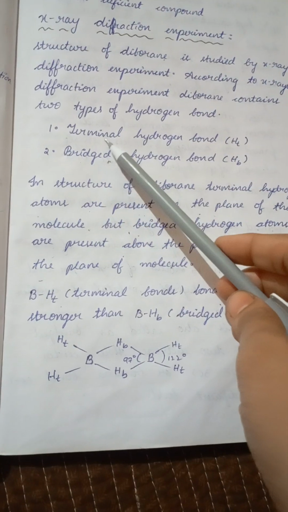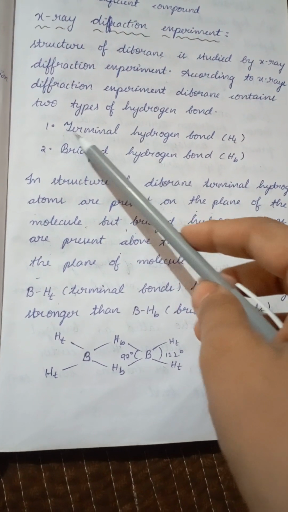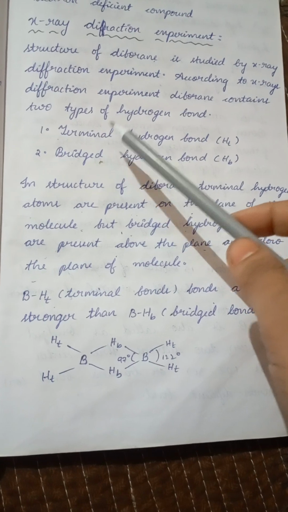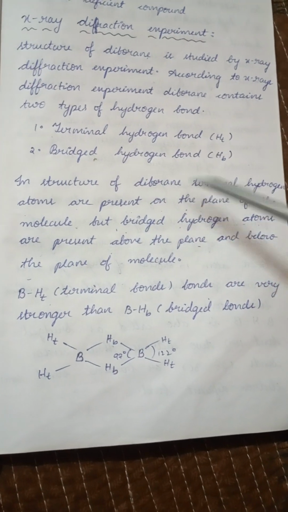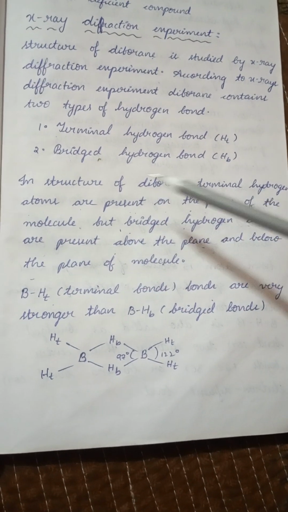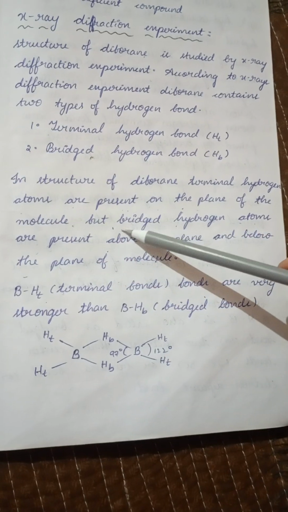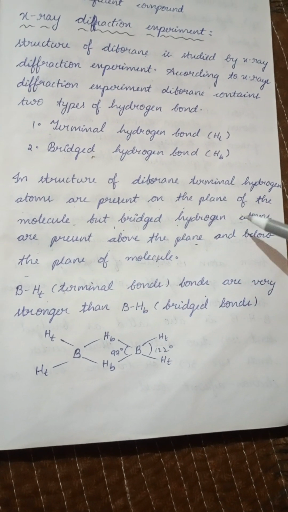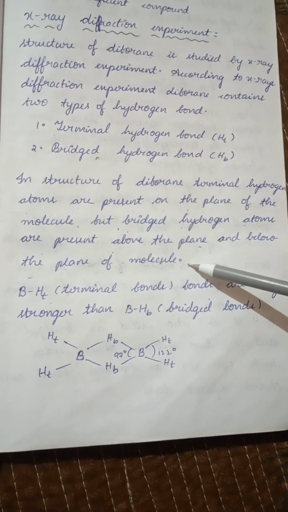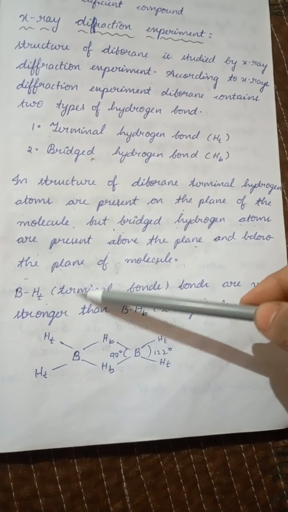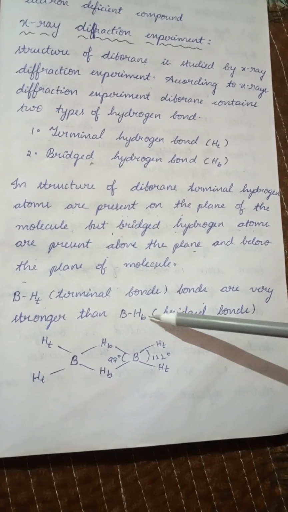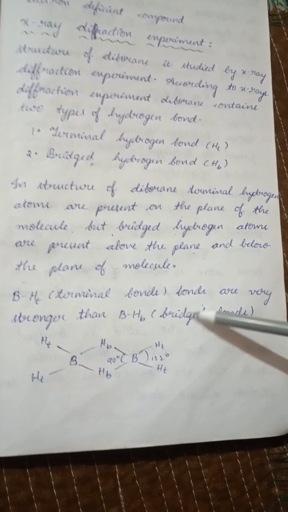So friends, do you know what is terminal? Terminal refers to the last. So last hydrogen atoms are present on the plane of molecule, but bridged hydrogen atoms are present above the plane and below the plane of molecule. BHT, that is terminal bonds, are much stronger than BHB bridged bonds.